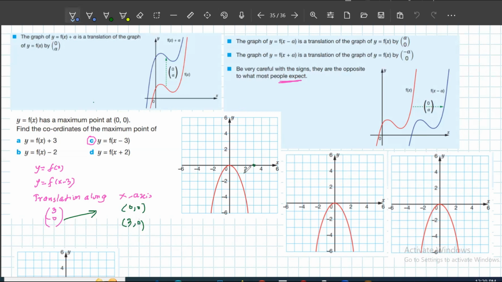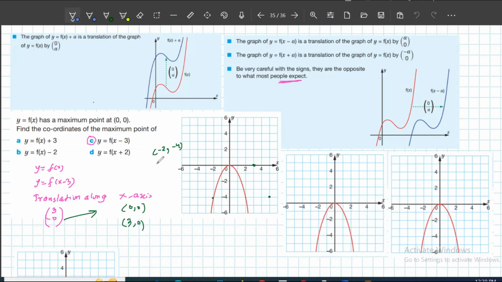This is your new maximum point, and each point you can move 3 units right. For example, this point is (2, -4), so we add 3, so 5. 1, 2, 3, so it must be at 5. Same if you want to check this point, which is at (-2, -4).